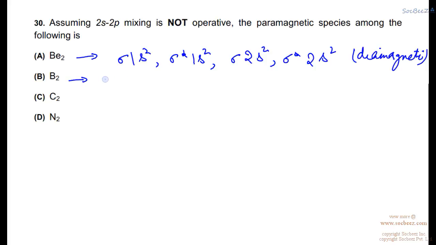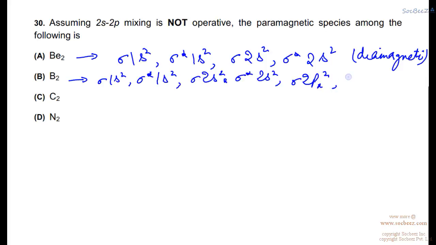In case of B2, the arrangement is sigma 1s2, sigma star 1s2, sigma 2s2, sigma star 2s2, sigma 2px2, and now pi 2px0 and pi 2py0. Okay, since the 10 electrons are completely over, this is also diamagnetic.